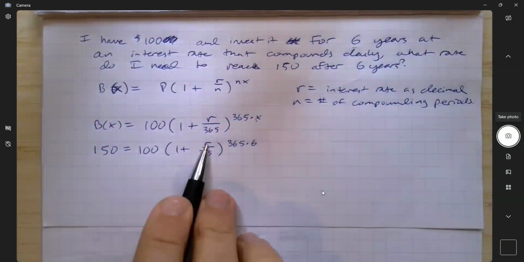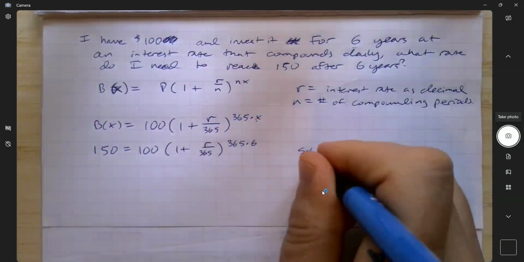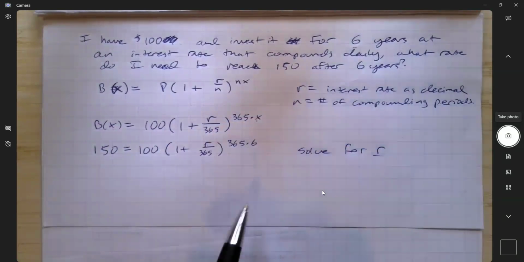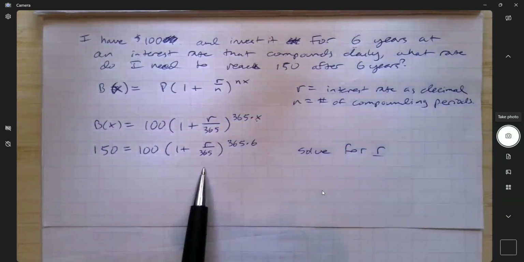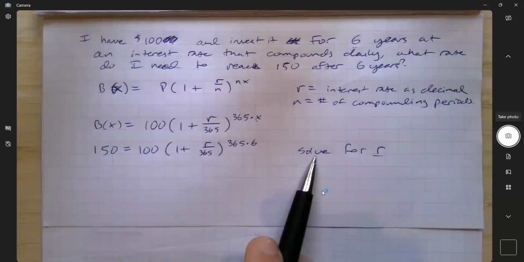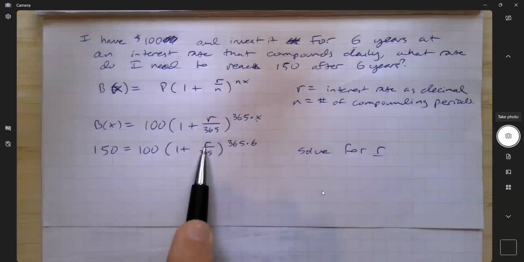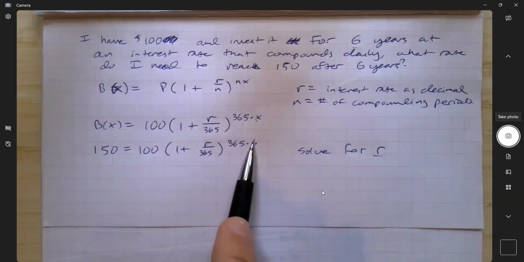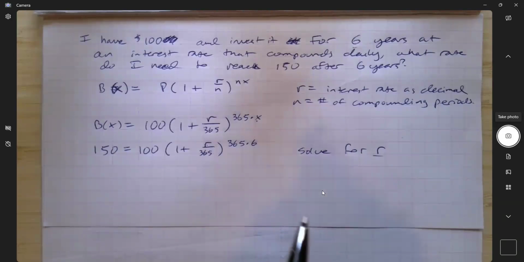And now I have an equation where I'm trying to solve for r. This is not an exponential equation because r is not trapped in the exponent. So I want to make that clear. This one is not exponential because r is not up here in the exponential part. But I can still solve for it.